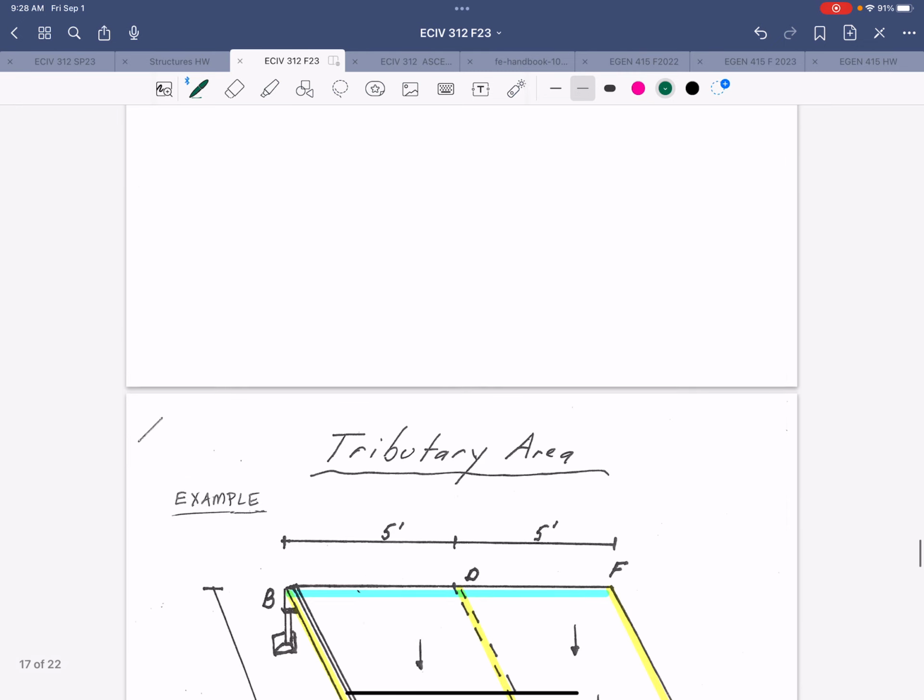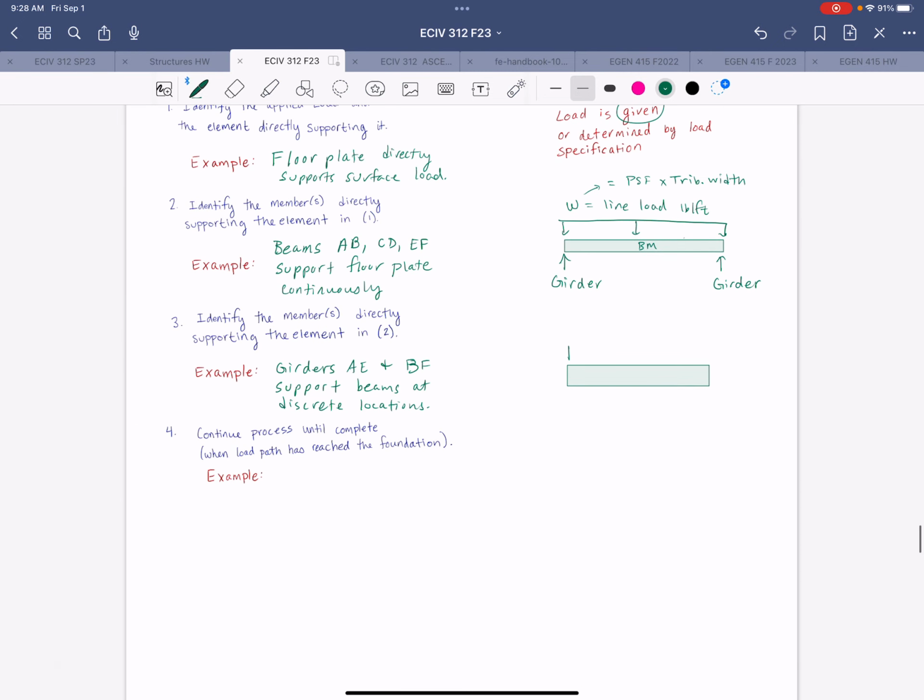And I think the configuration was evenly spaced, so we would have 3 point loads. And those girders are supported at each end by columns. Now here, these point loads are coming from the reactions that we found in the previous level.